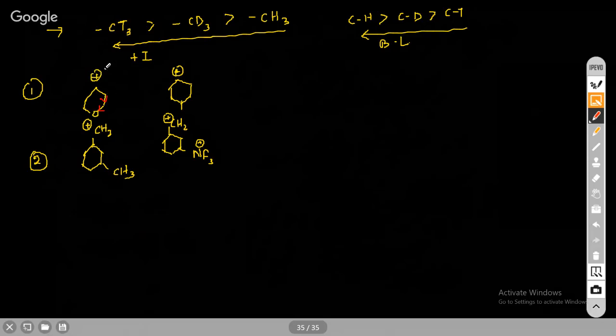So here the positive charge density increases, stability decreases, order will be this. This NF3 plus has maximum minus I nature. And if you compare this carbon and this N, which has one positive charge, obviously the electron withdrawing tendency of NF3 plus will be far more than CH3. CH3 will have electron releasing tendency. So this will stabilize this positive charge here comparatively. So order of stability will be this.